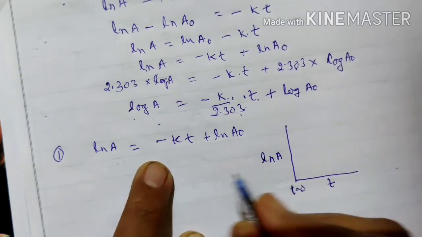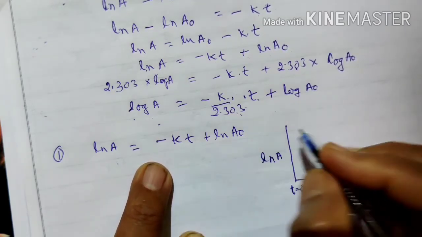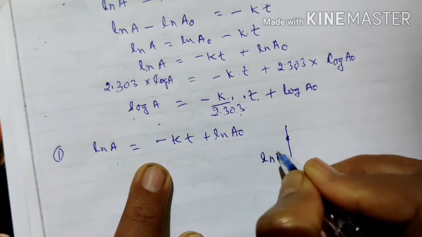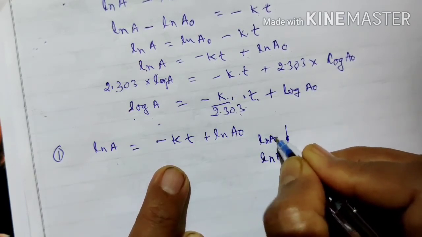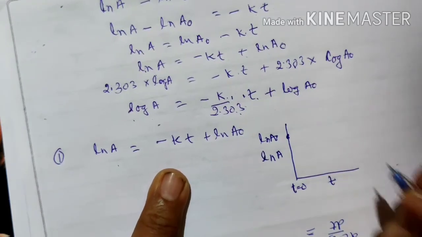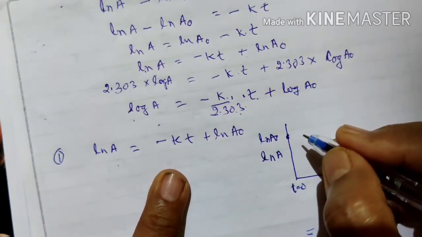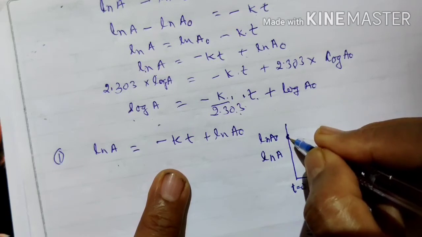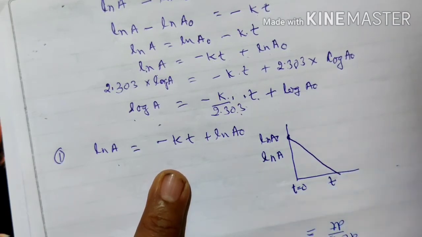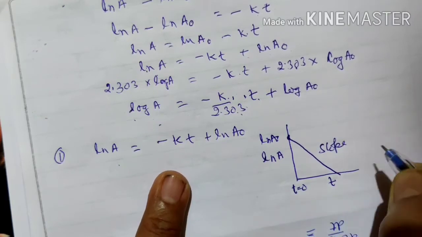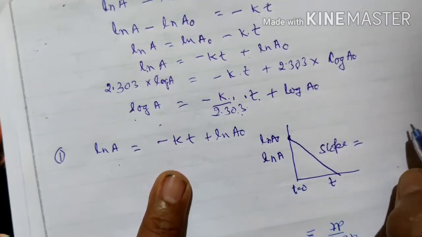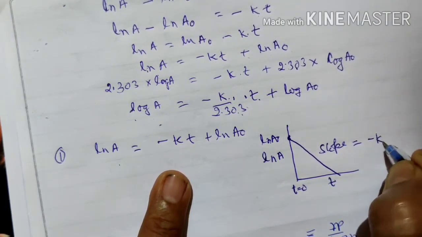So when you plot a graph, this point will be ln A0 at time t equal to 0, and then the line will come downward in this way, and the slope of the line will be equal to minus k.